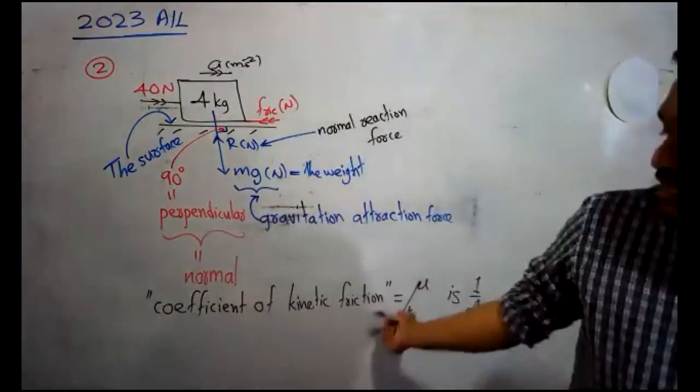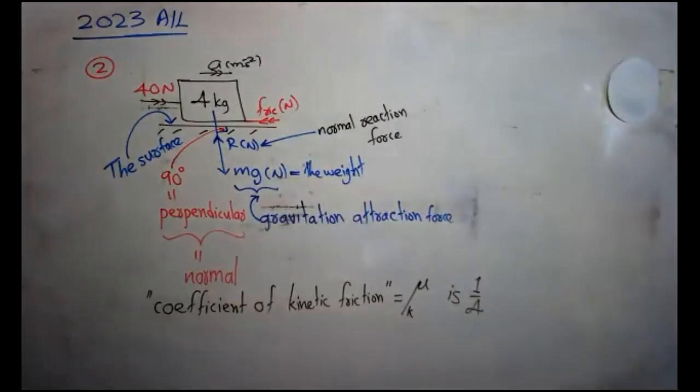Okay. Roman number 2. Find the acceleration of the moving object.